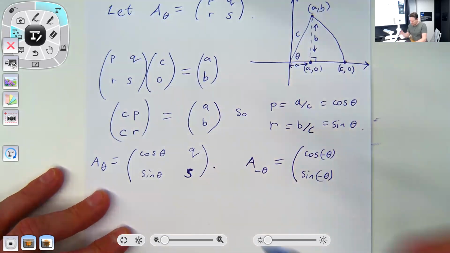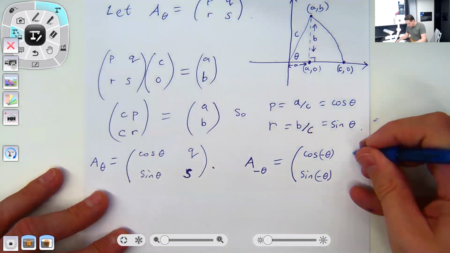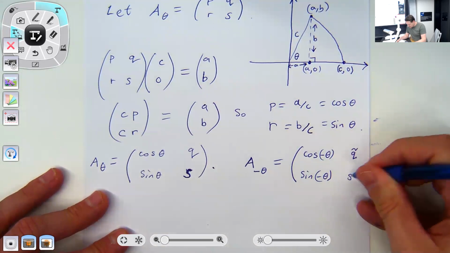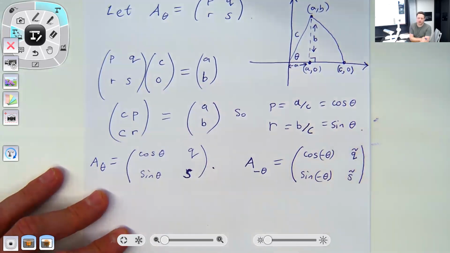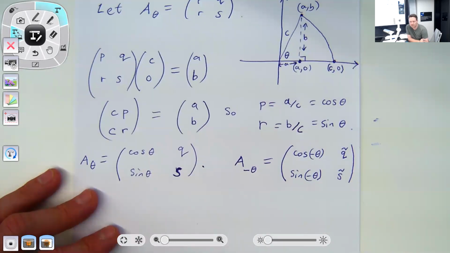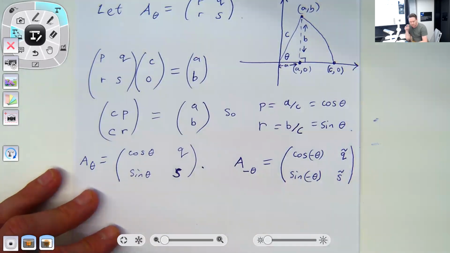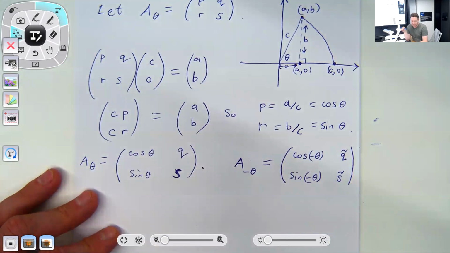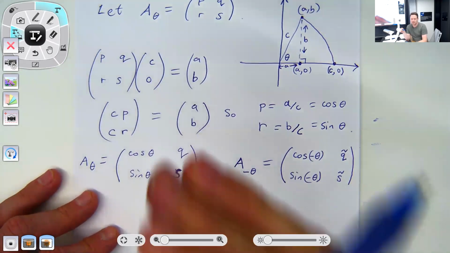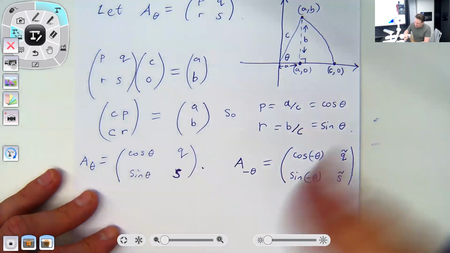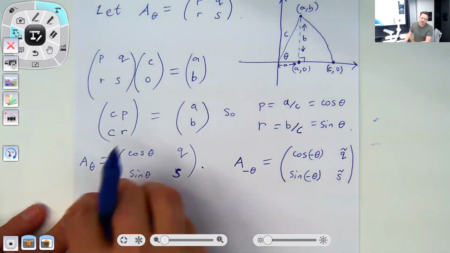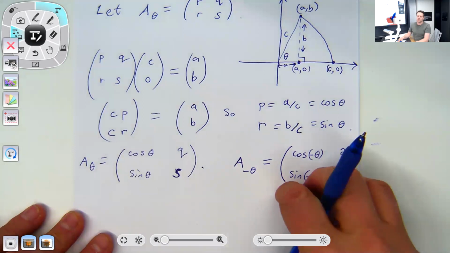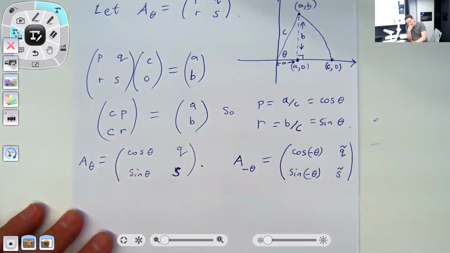What I have, I'll call Q tilde, and here I'll call this S tilde. When I work out what they are, I'll just note that in this one my aim is to rotate by minus theta. And from that later, I'll be able to deduce what A theta is from calculating this one.